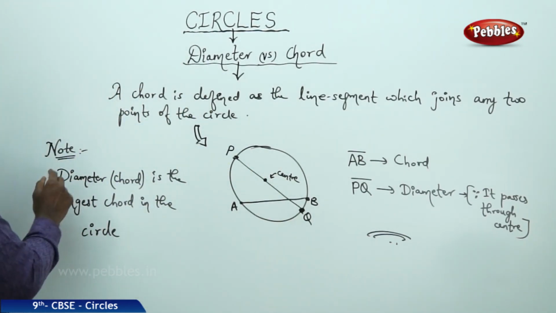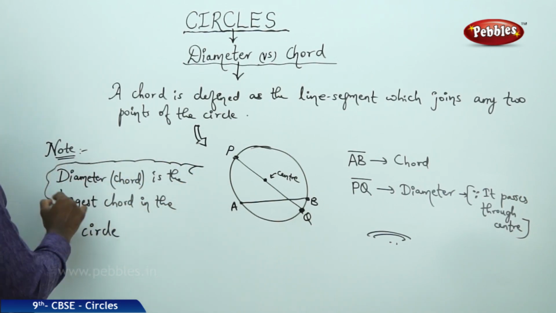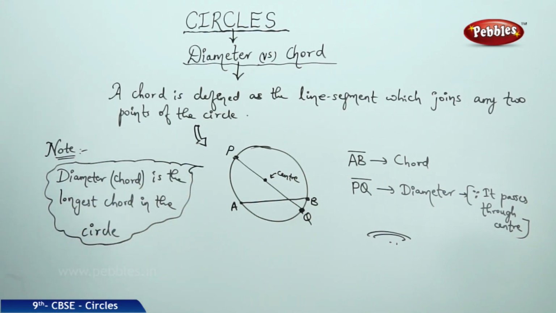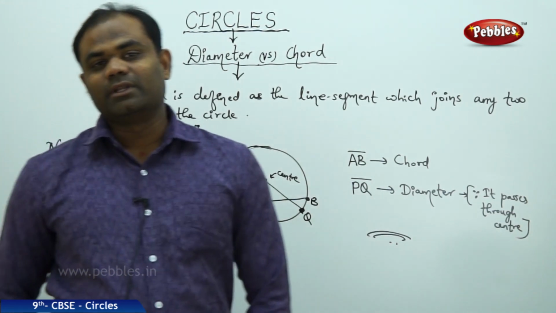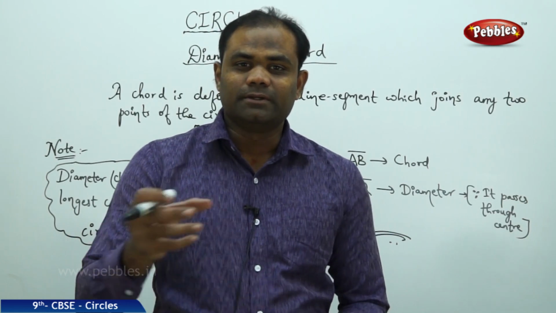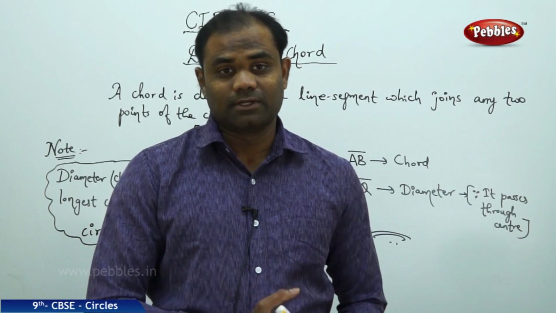So my learning outcome here is that diameter is the longest chord in the circle, is how we understand the relation between a diameter and a chord. Diameter derived from a chord passing through the center of the circle.